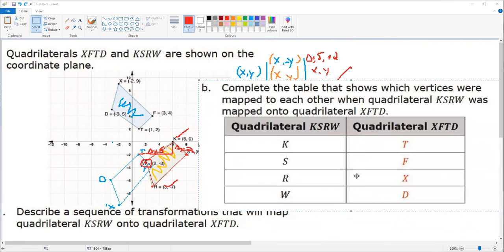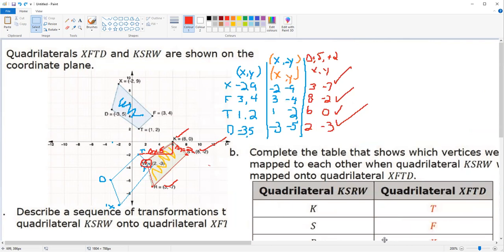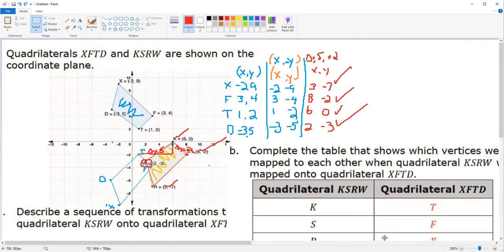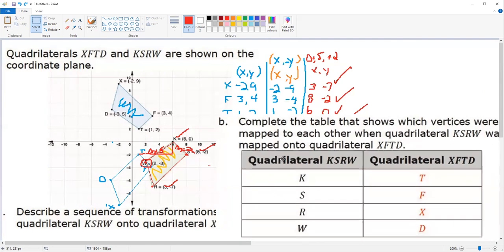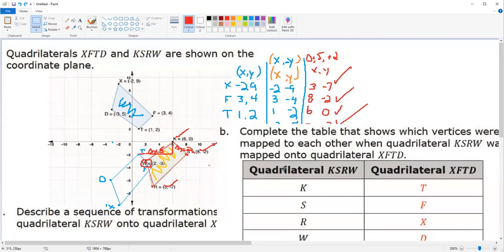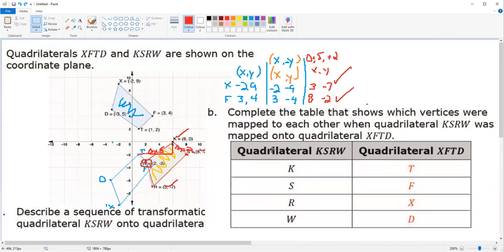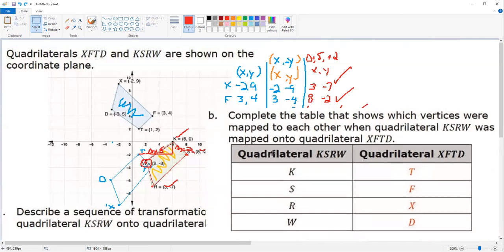If you go back and look, you can see that my points didn't line up with the original points that were sequenced, because this is an X. Negative 3 and 7 is R. So negative 3 and 7 lined up with X. So my R and X lined up together.